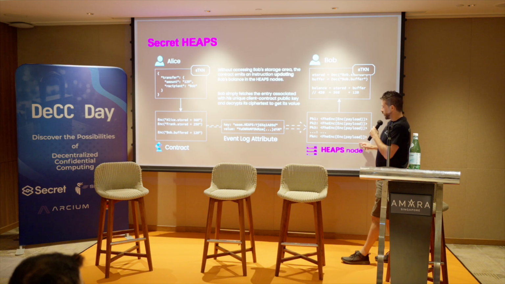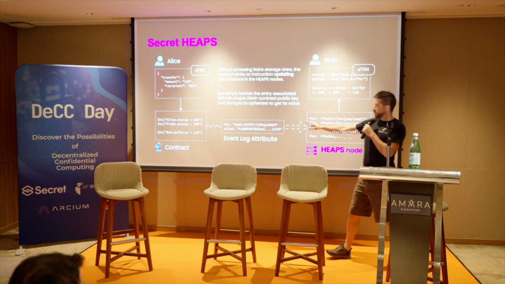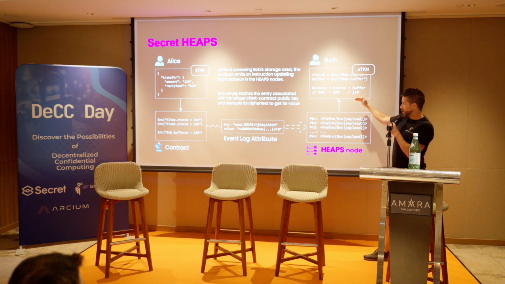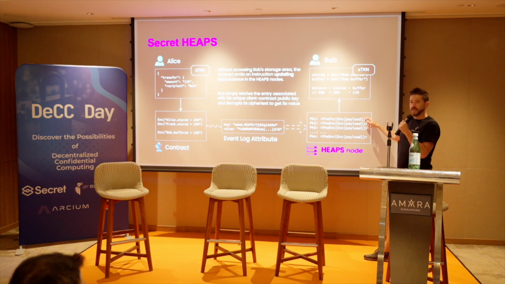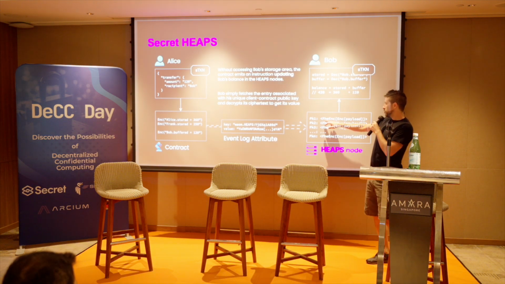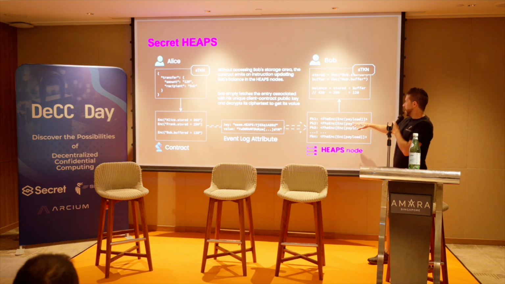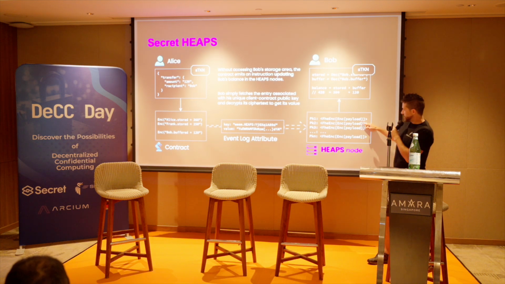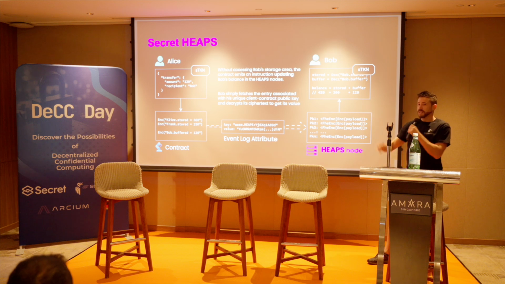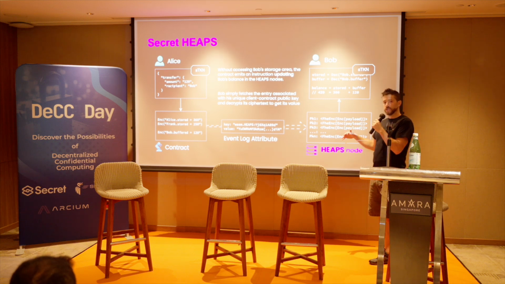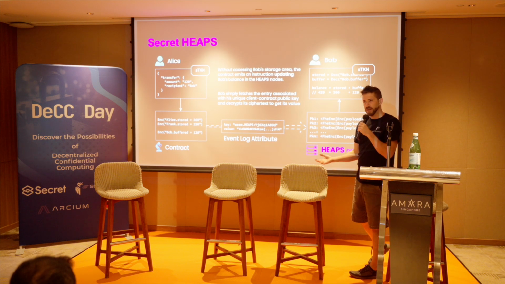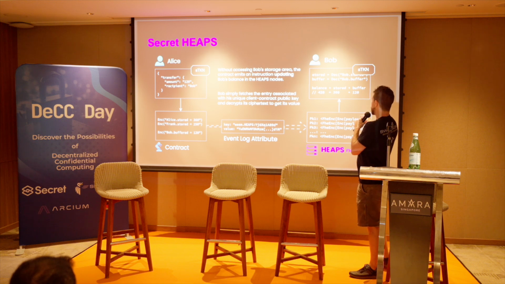And that makes its way to the heaps node. The heaps node takes that instruction and homomorphically evaluates it on its database for that contract. So this is where the fully homomorphic encryption part comes in. It takes that instruction, applies it to every row, and it just updates everything at once and has no idea what changed. So it doesn't know whose balances were affected, but it actually does change the database.